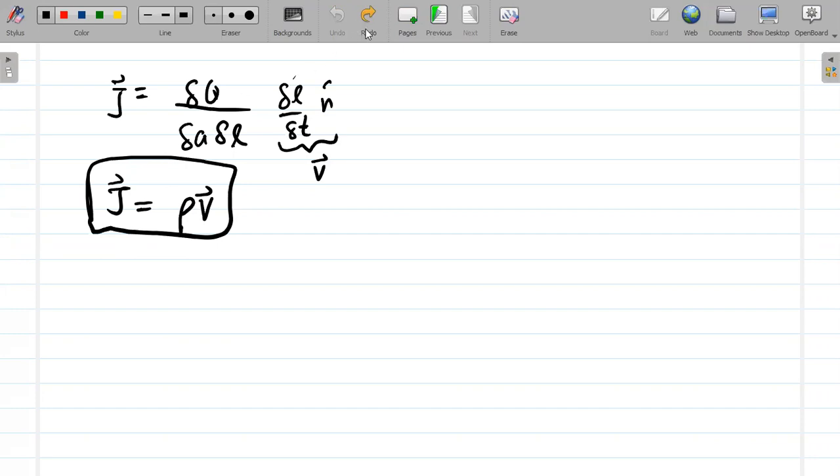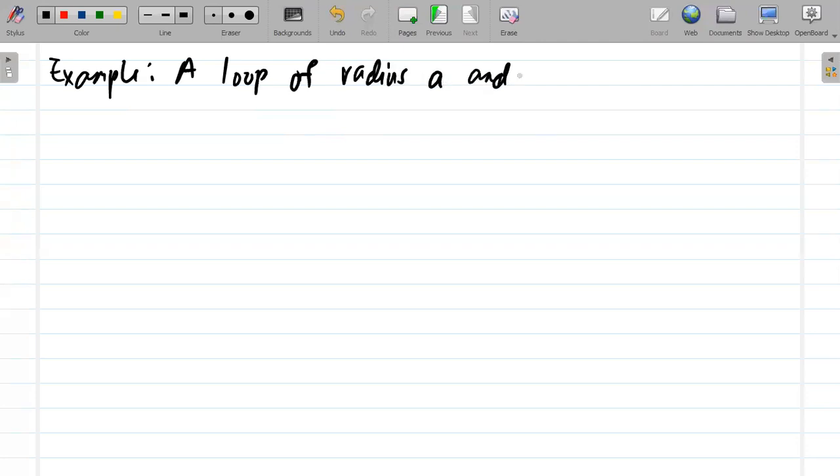So example tayo. Let's say meron tayong loop, a loop of radius a. And let's say it has charge Q, positioned at z equals 0.